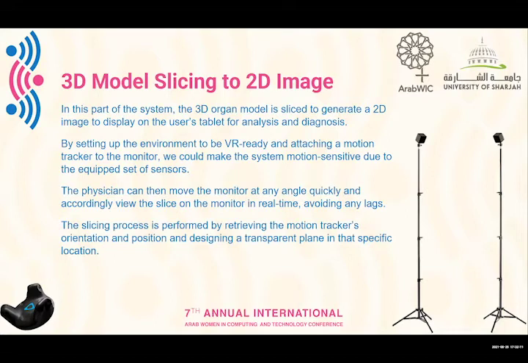Now, the physician can then move the monitor at any angle quickly and accordingly view the slice on the monitor in real time without any lags. The slicing process is performed by retrieving the motion tracker's orientation and position and designing a transparent plane in that specific location.